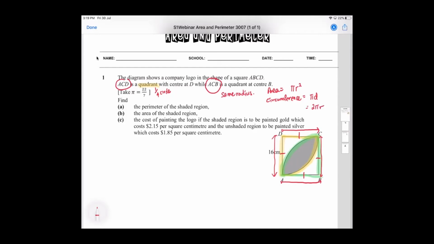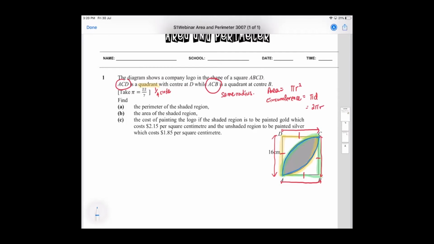In this case, we want to find the perimeter of the shaded region. So we are looking at the 2 arc lengths, the lines highlighted in blue. We want to find the sum of these 2 arc lengths, that means the perimeter of the curves in blue.